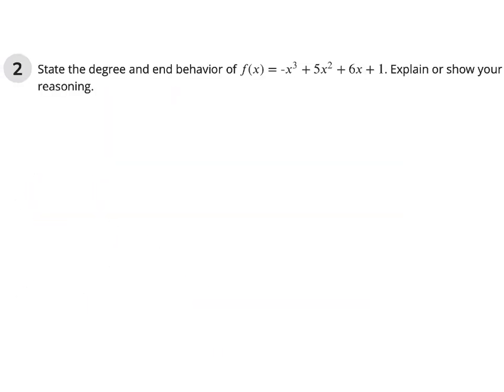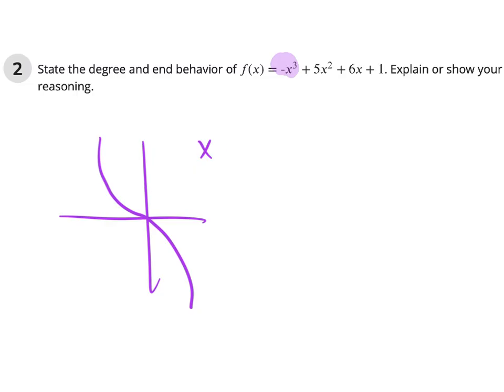Okay, let's look at practice problem number 2. First things first, find the degree. Negative x odd. When we go to draw it, negative x odd, it starts high, it ends low. So, as x goes to negative infinity, f of x goes to positive infinity.